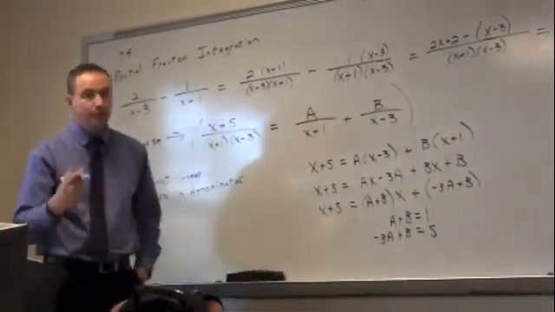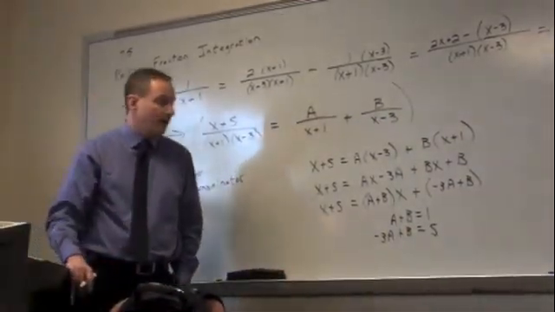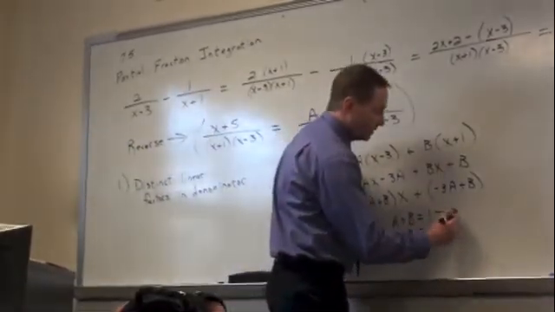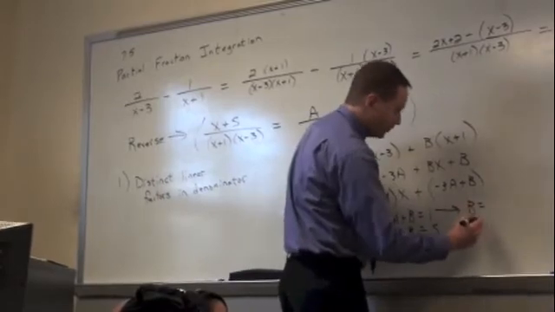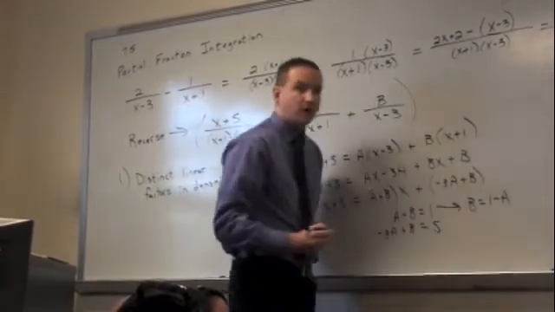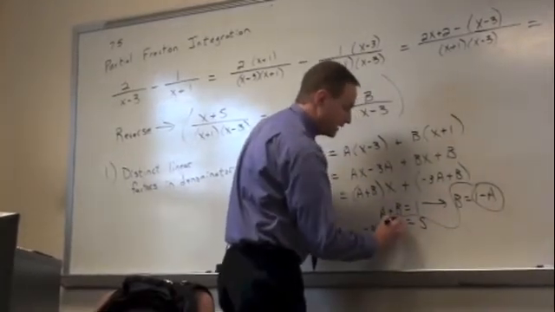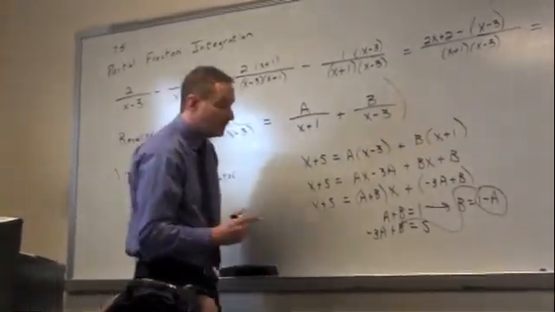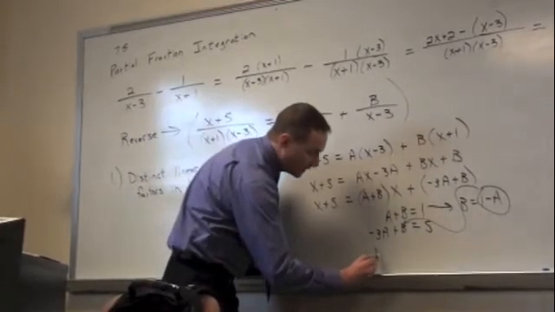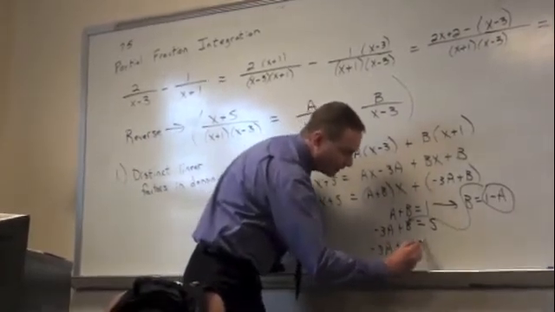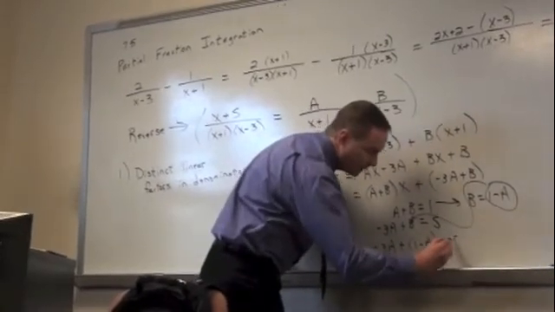And then you use whatever technique you want. I could say, how about I use substitution? I know b is equal to 1 minus a, so I substitute what b is equal to in terms of a into the second equation. That will give me negative 3a plus b, which is plus 1 minus a. That's going to equal 5.